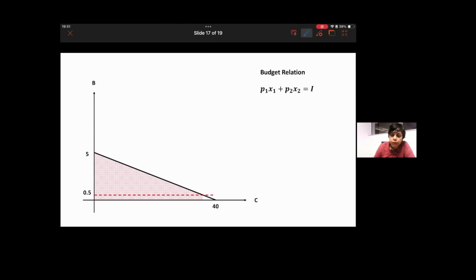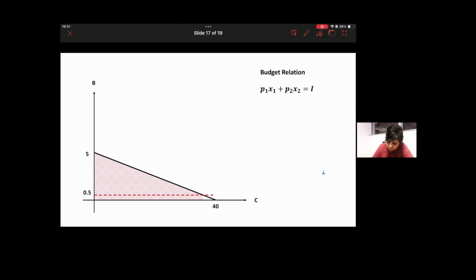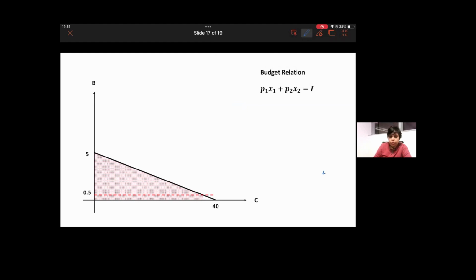If she is given 200 rupees as prize money where she can spend on anything, then what was the equation? Let me write the original equation. It was 400B plus 50C is equal to 2000.